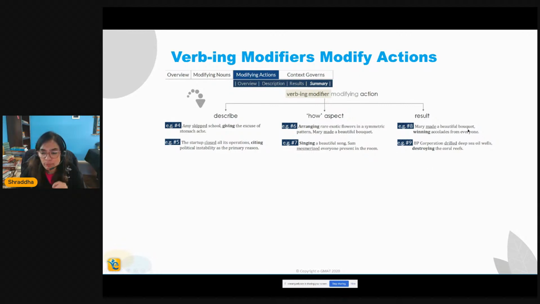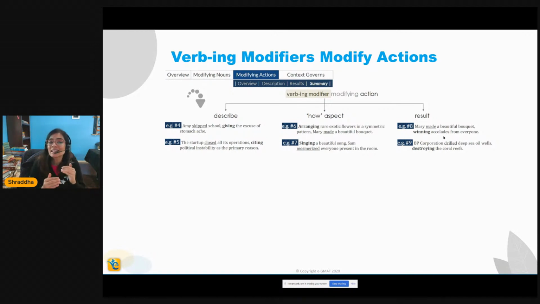Mary made a beautiful bouquet, winning accolades from everyone. So, Mary made a beautiful bouquet, and as a result, she won accolades or appreciation from everyone. Now, when we talk about cause and effect or the result of an action, effect always happens after the clause.